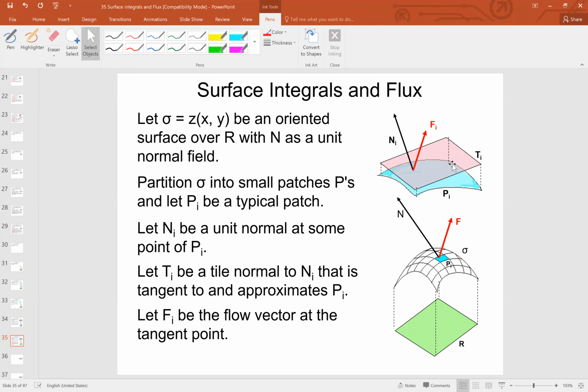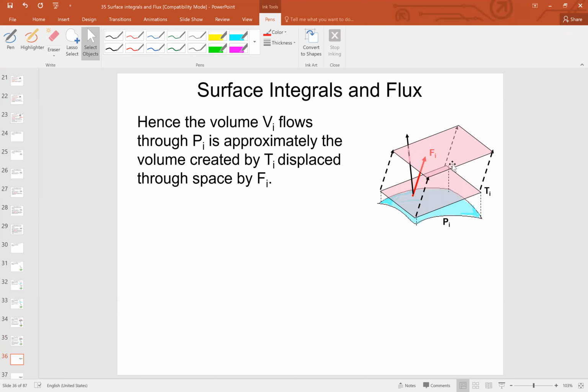The area of this surface can be expressed in terms of dS. Now, we want to calculate how much flow across this blue patch, when the flow is in the direction of Fi. So we are going to calculate how much flow is across this tile in the direction of Fi.